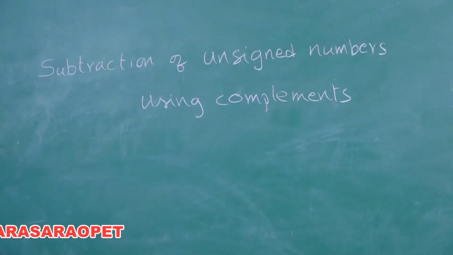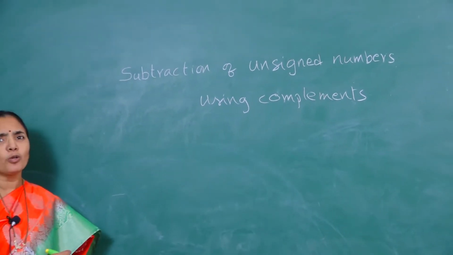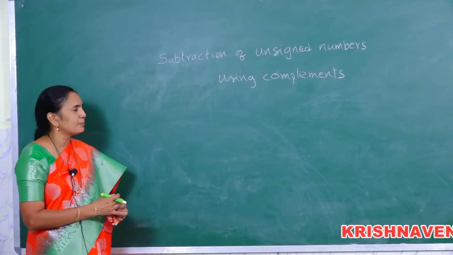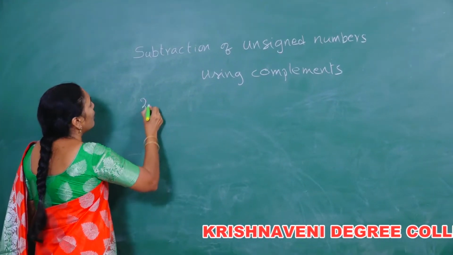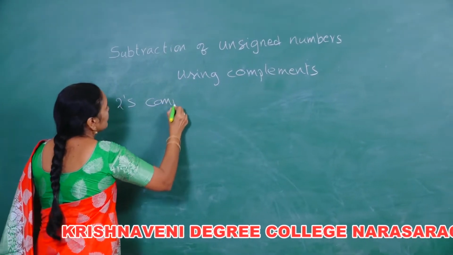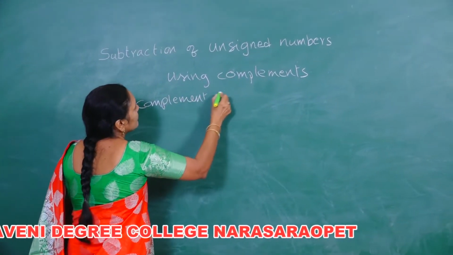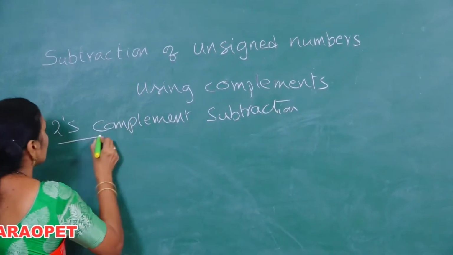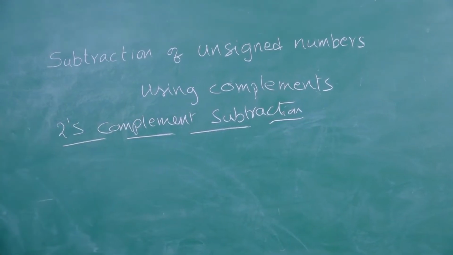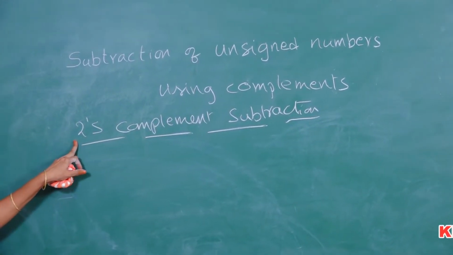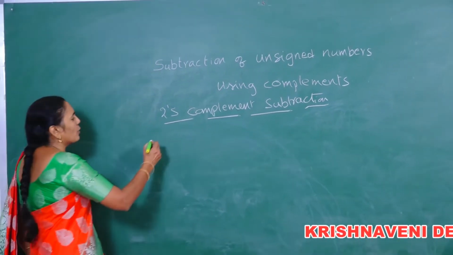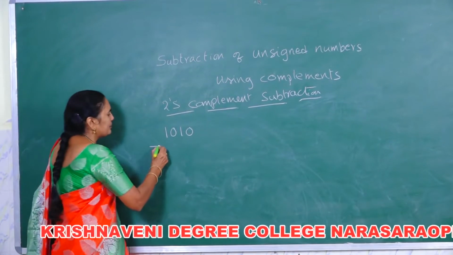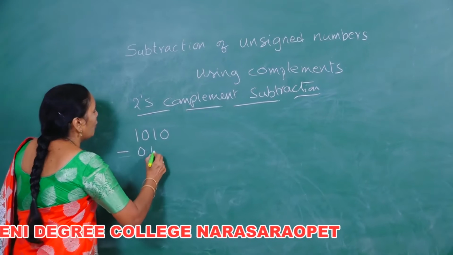Now perform the subtraction of unsigned numbers using 2's complement and 1's complement for binary numbers. So first perform 2's complement subtraction. For performing the direct subtraction, let us take two numbers, 1010 minus 0110.